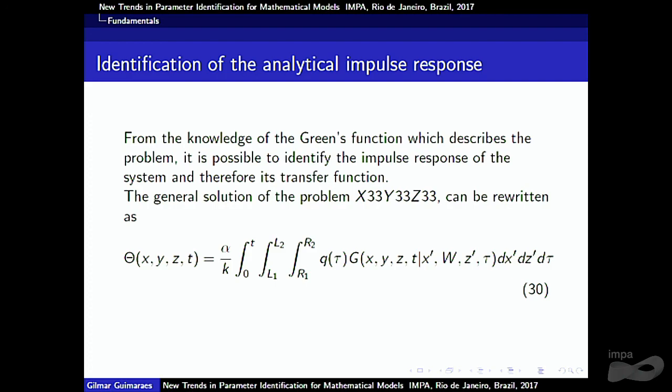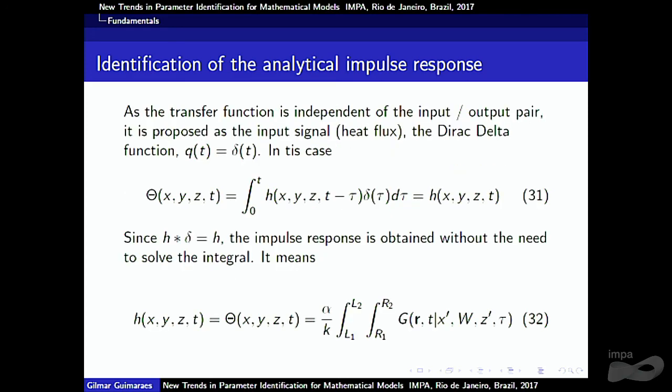So we can do this in order to obtain the response of the system. So if we put the heat flux as a delta of Dirac, the temperature solution is the transfer function.